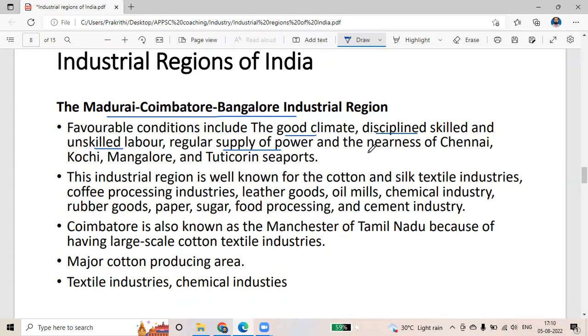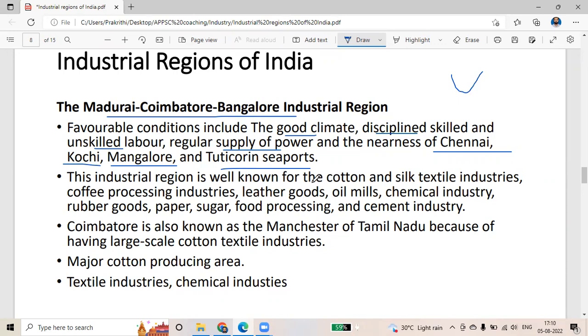And some important ports, that is Chennai port, Kochi, Mangalore and Tuticorin seaport. A seaport is around this Madurai, Coimbatore and Bangalore industrial region. सामने पूरा ऐसा rotate करके we have lot of ports.